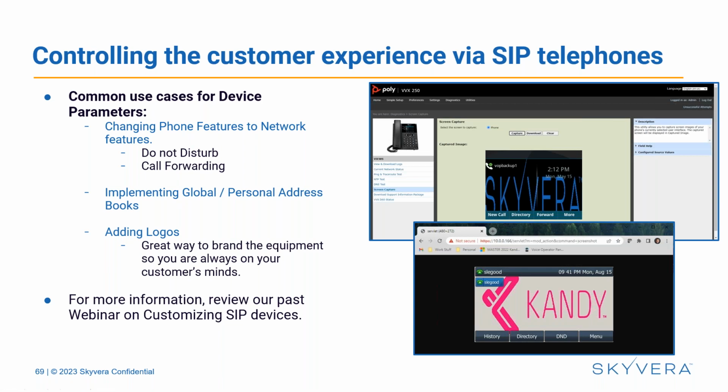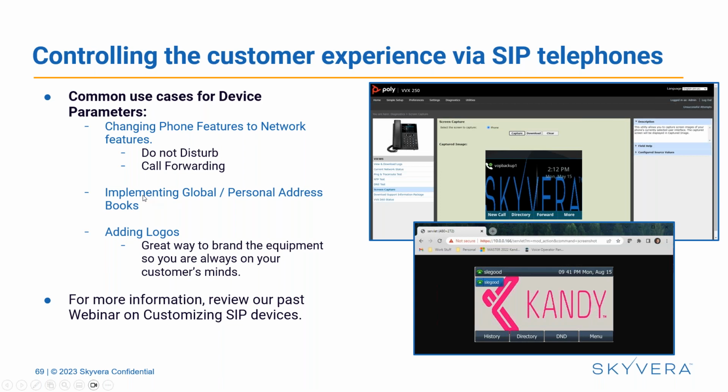That can be very beneficial, especially where you have multiple phones on the same subscriber. Using the network feature rather than the individual phone's feature would allow the whole subscriber to go into do not disturb, or have call forwarding applied to the whole subscriber, not just that one phone. And if you were to remove that device, unplug it, something like that, the phone features would not continue to work with the phone unplugged.